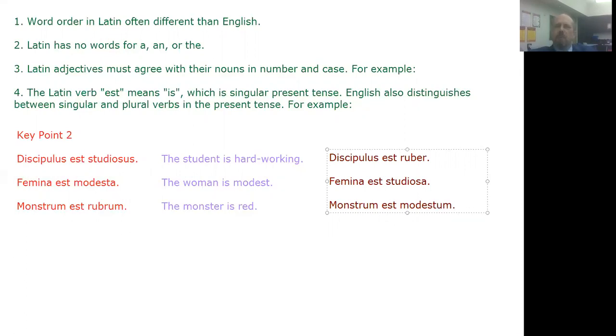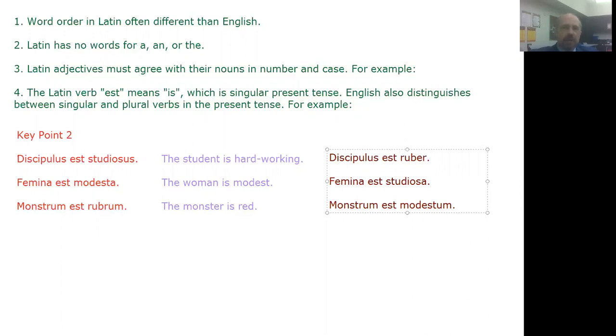Okay, so most of the time, the ending of the adjective and the ending of the noun are going to match, right? Most of the time. There are exceptions, right? But most of the time. For now, I think you'll be able to get at least most of these right by paying attention to this.